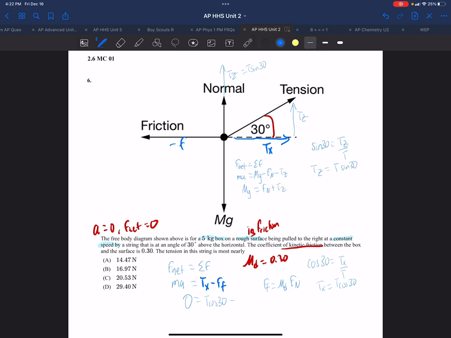And mg is 5 times 10, or 50. And Tz is T sine 30, which is 0.5 T. Sine of 30 is 0.5. So the force normal then is 50 minus 0.5 T.